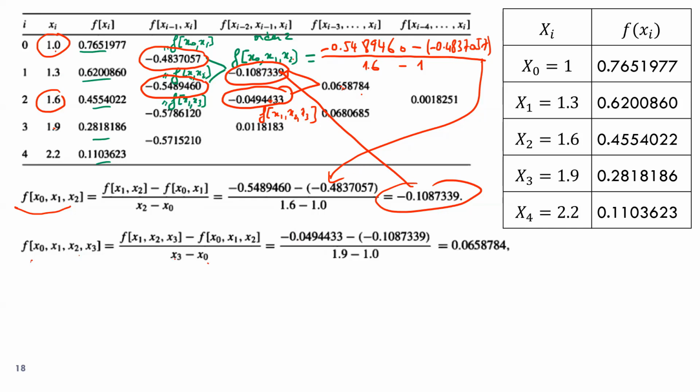Okay, and this is the last value involving all points.